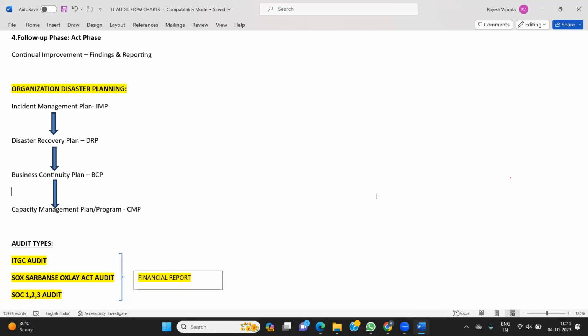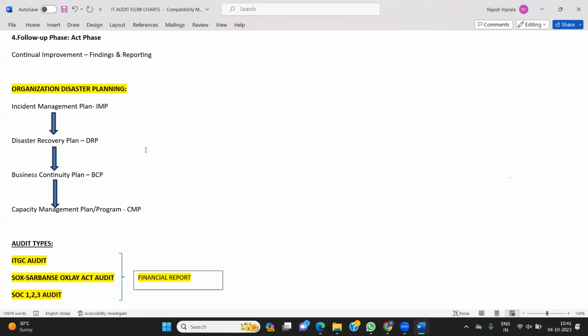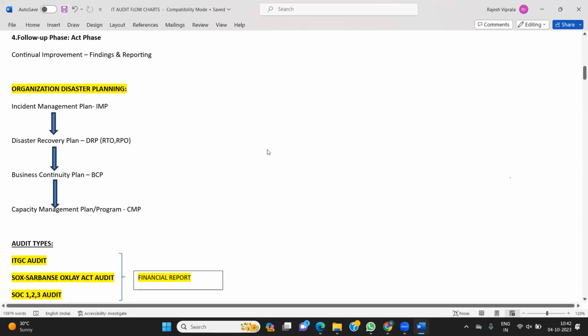In this disaster recovery planning, organizations use something called RTO and RPO. I will repeat: organizations use something called RTO and RPO. We will discuss what is meant by RTO and RPO.